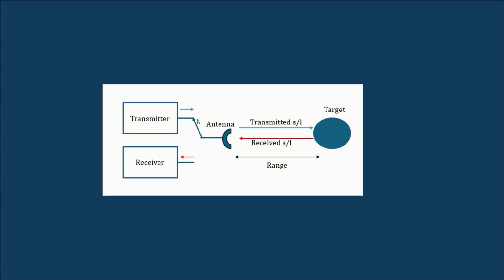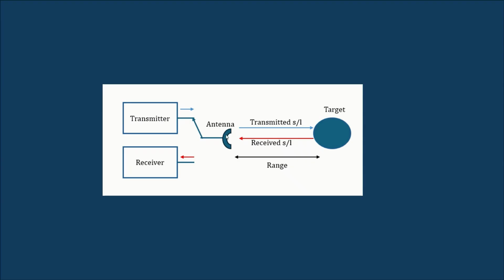This is the basic building block of the radar system. It has a transmitter processing system and a receiver processing system, and usually the same antenna is used for both transmitter and receiver. So we have a duplexer here that acts like a switch to connect between the transmitter and receiver based on the transmitting state or the receiving state.